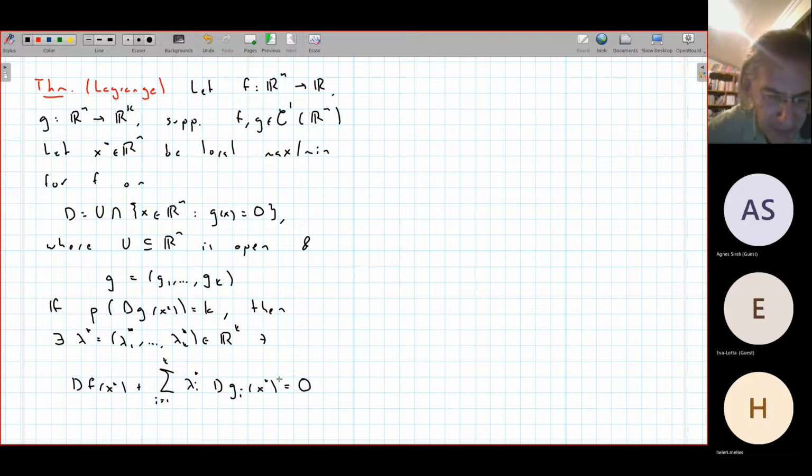This is Lagrange's theorem, and it's very likely that you saw it in vector calculus at some point. Possibly you also saw the proof, but we are going to see the proof also here in this course.